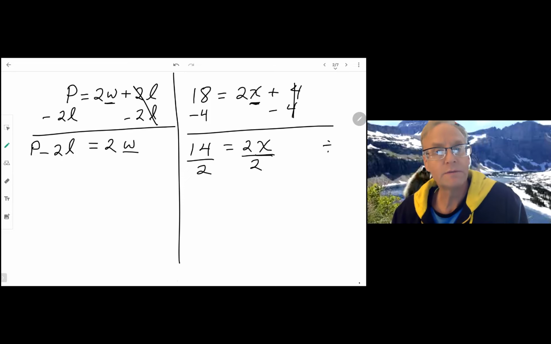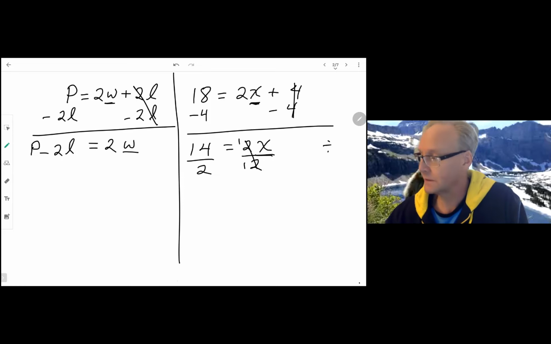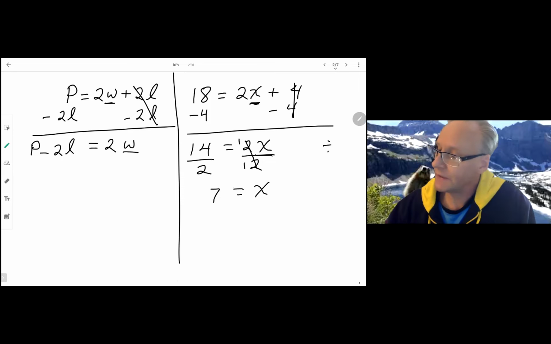Some people are a little confused about what happens here. Well, 2 divided by 2 is really 1. They don't just disappear. They're really 1, and 1 times x is x. And divided by 1 is still x. So I have x all alone over here, and it's equal to 7. Again, I could do this division. 2 goes into 14 7 times.